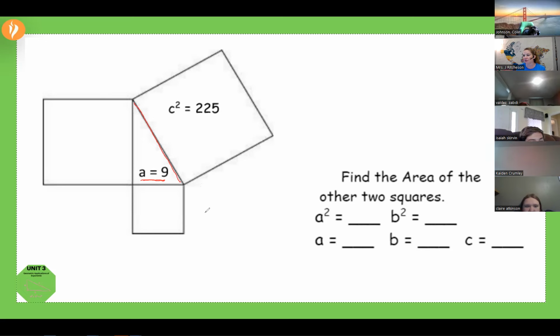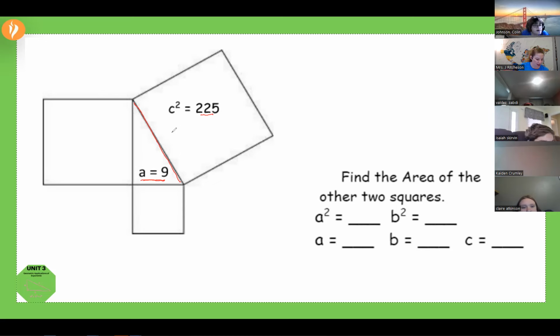Rylan already said the answer is 15. How do you know the side length is 15? If this is a perfect square, and the area of this perfect square is 225, to find each side length, you must find the square root of 225.